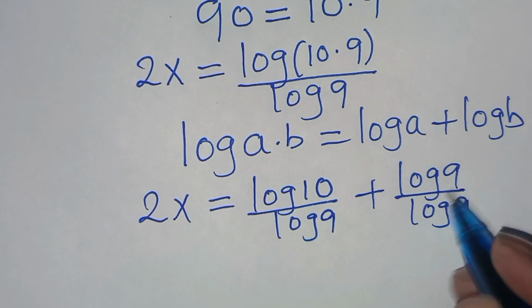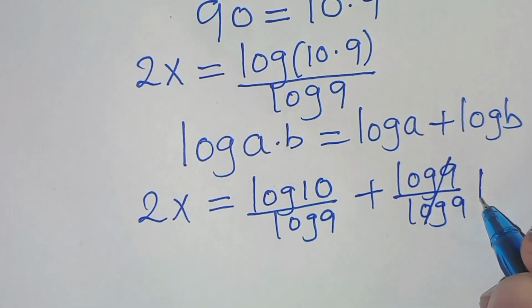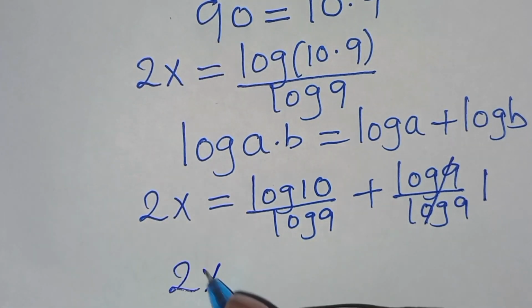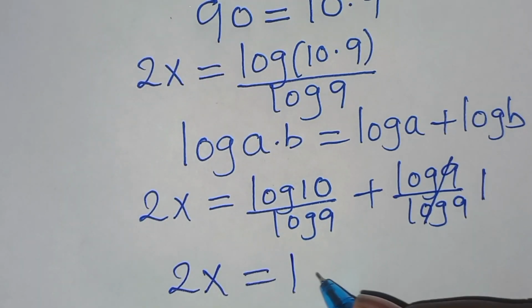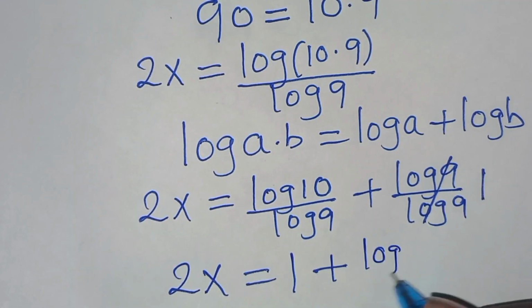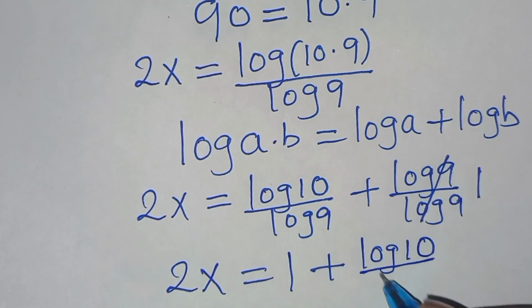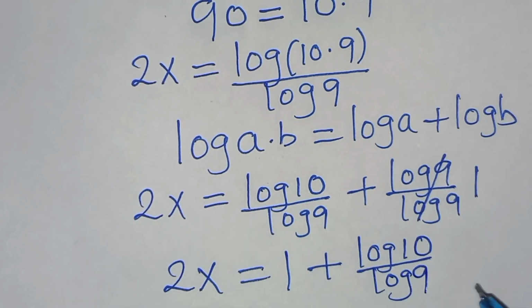So this implies that if we simplify log 9 and log 9, this is 1, so that we have 2x is equal to 1 plus log 10 over log 9.